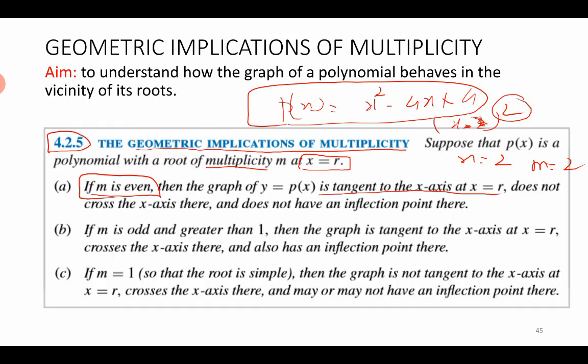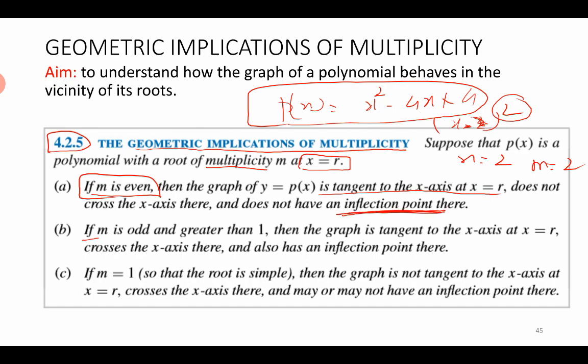When the root of this polynomial is of even multiplicity, either it will be concave up or concave down, but it will not cross the x-axis. It will be tangent to the x-axis, a horizontal tangent line at this point, isn't it? And this point will not be an inflection point, because at that point the concavity will not change.